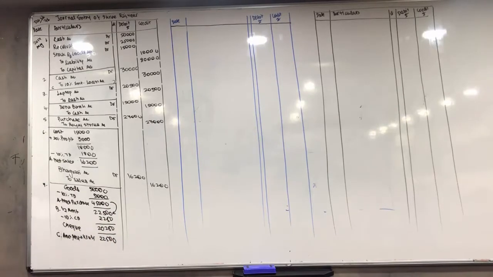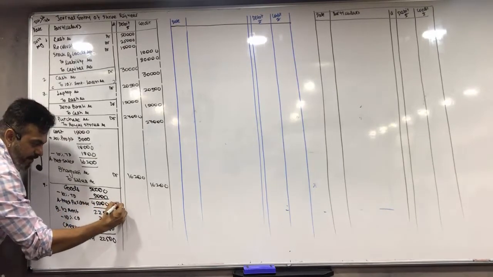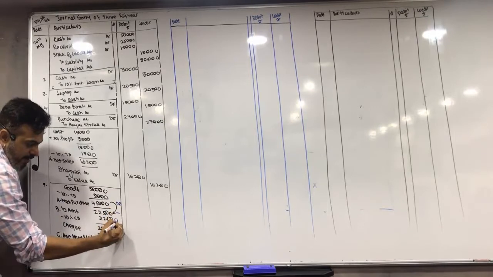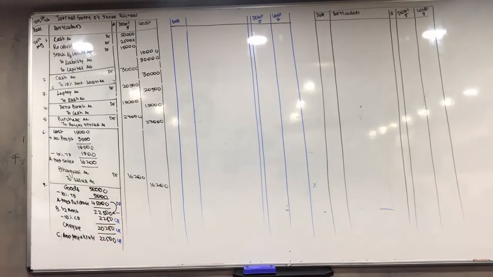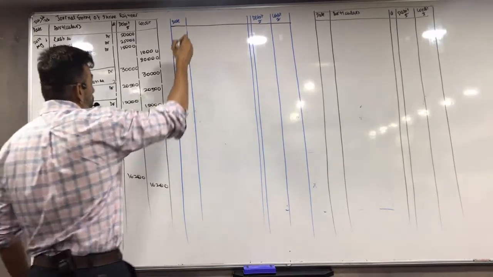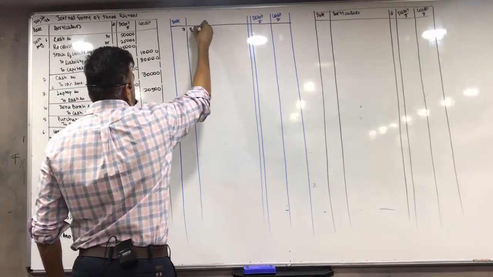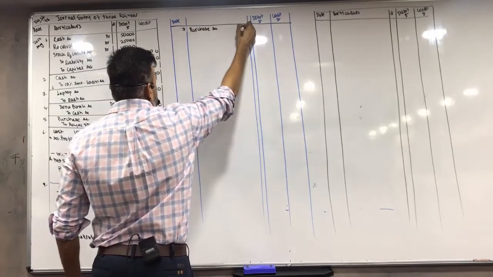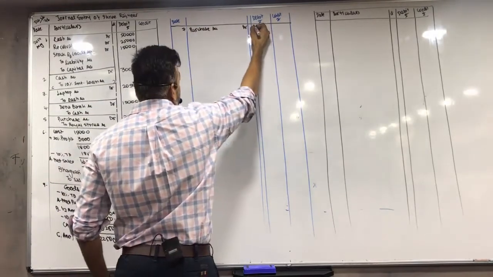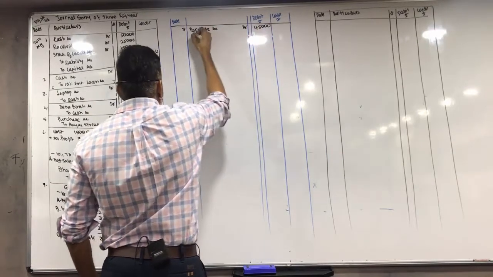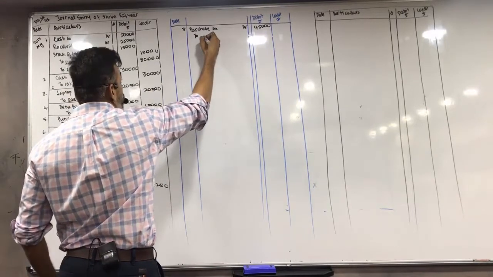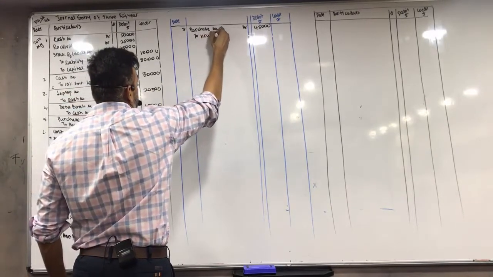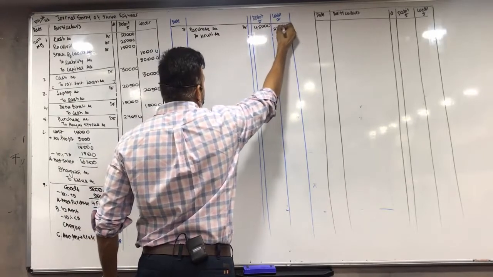22,500. Okay, now entry will make directly from your purchase, always debit, after that dash then credit and credit. Okay, so write purchase account debit 45,000 to we have to pay this money to Kruti so Kruti account 22,500.